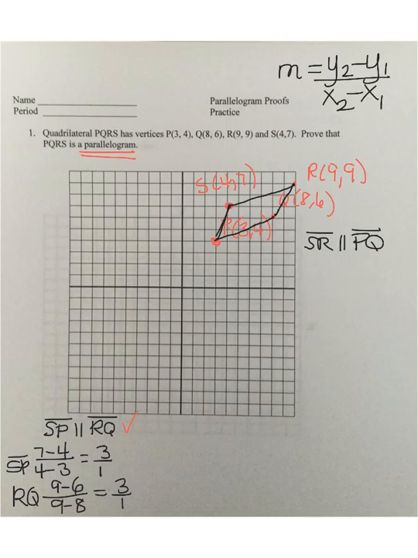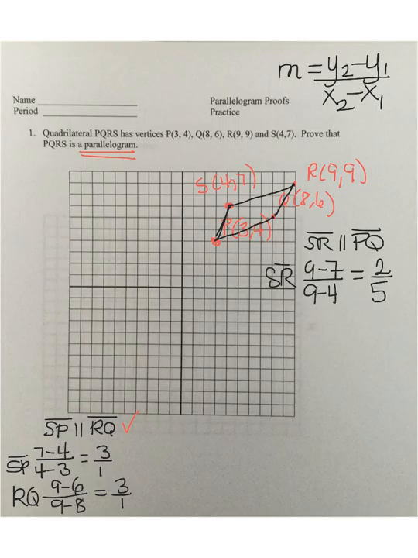Now for SR, I have 9 minus 7 over 9 minus 4, that's equal to 2/5.